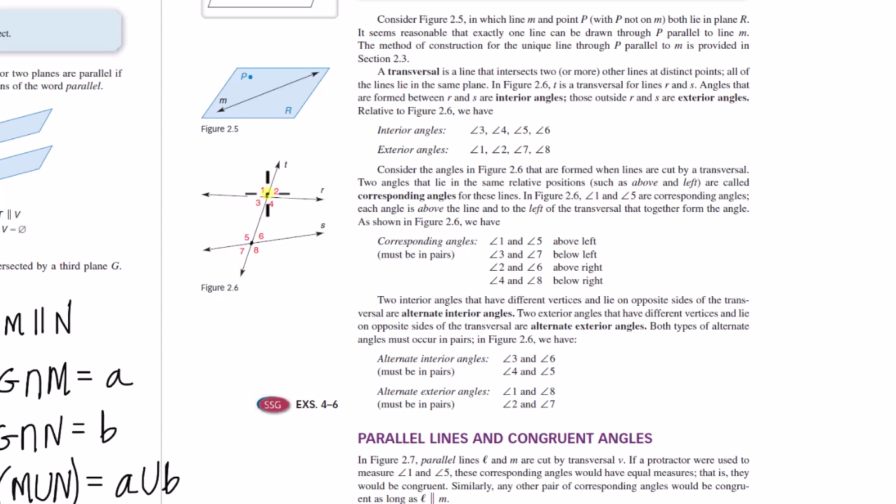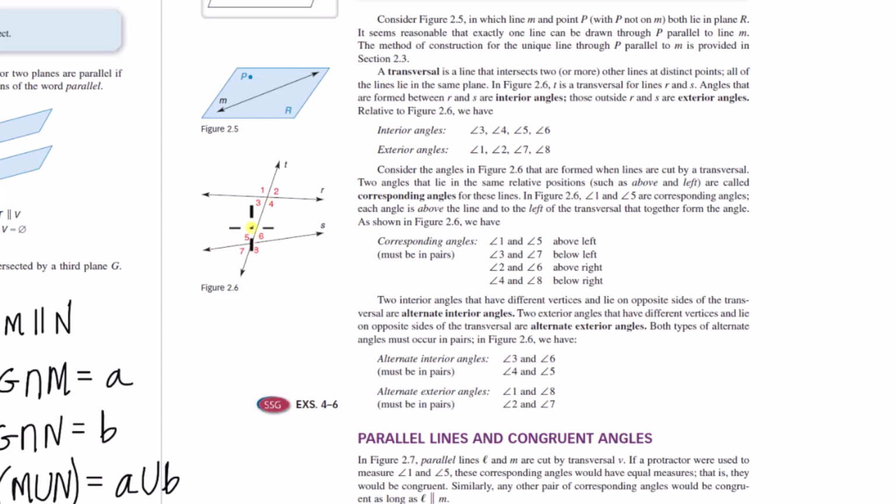Then you come to the other vertex, and you think about that exact same idea of upper left, upper right. If they have that same relative position, then those angles are corresponding. So bottom left is 3, bottom left over here is 7. Those are corresponding.